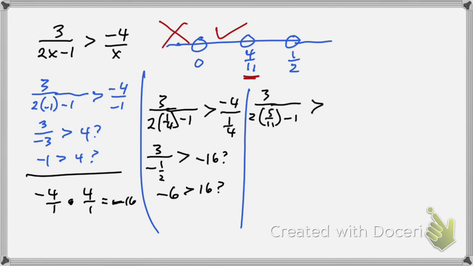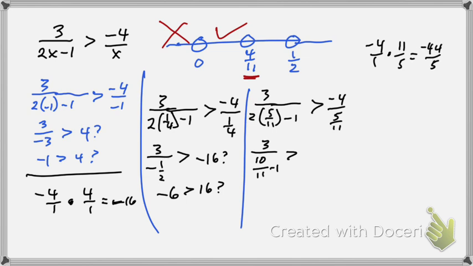Is that greater than -4 divided by 5/11? So over here I've got 3, I've got 10/11. Didn't write it right. Said it, but didn't write. So 10/11 minus 1. Is that greater than? So what's -4 divided by 5/11? -44 fifths, which is what, about -8.8.